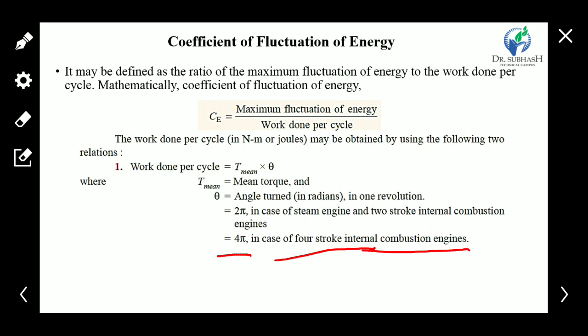This is the angle turned by the crankshaft: 2 pi in a 2-stroke engine and 4 pi in a 4-stroke engine. And T mean is the mean torque. So the multiplication of T mean and theta gives the work done per cycle.